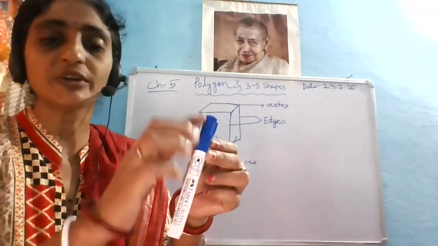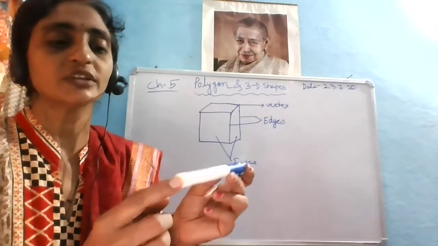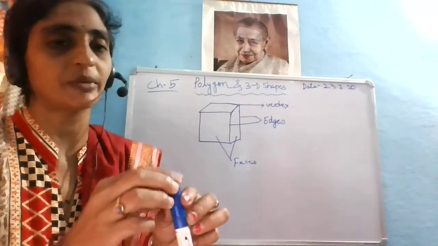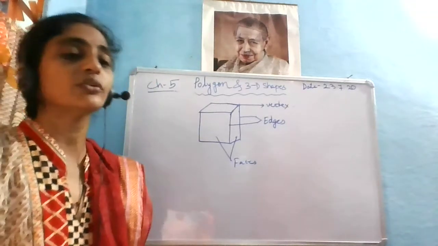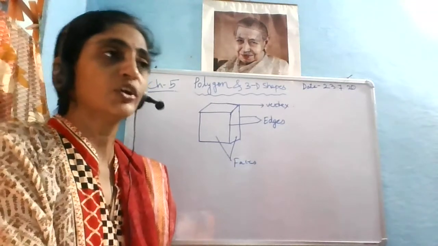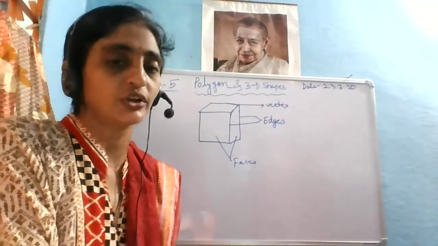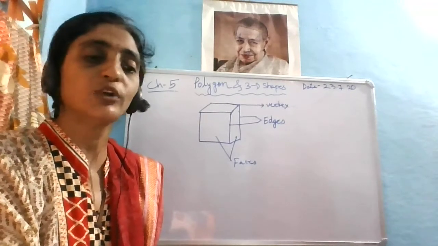Is it made up of any line segment, or does it have any polygon as a side? No, because these sides, the base or the top, are circular, but not made up of any line segment. So any 3D shape which is made up of polygons is called a polyhedron. You should learn this term, polyhedron.